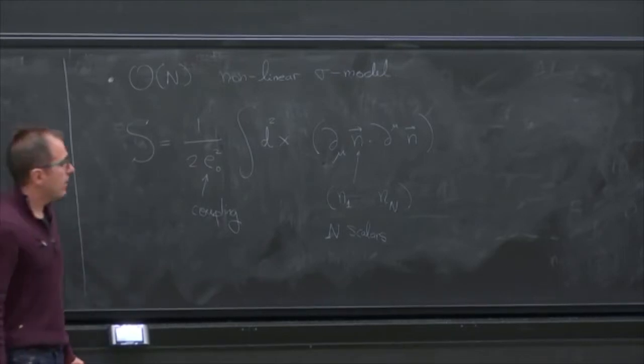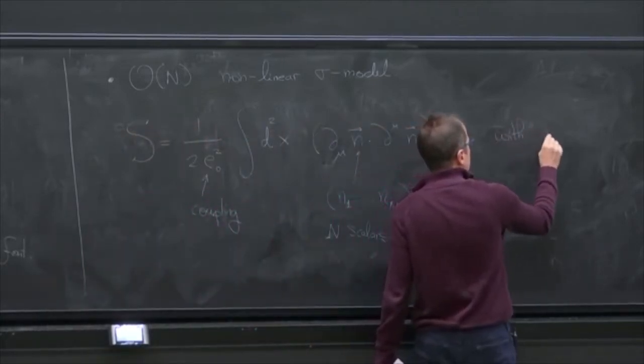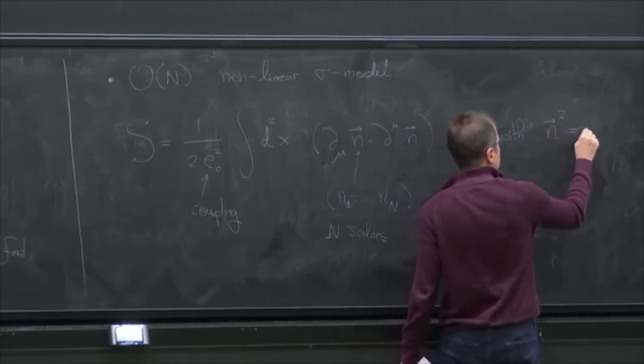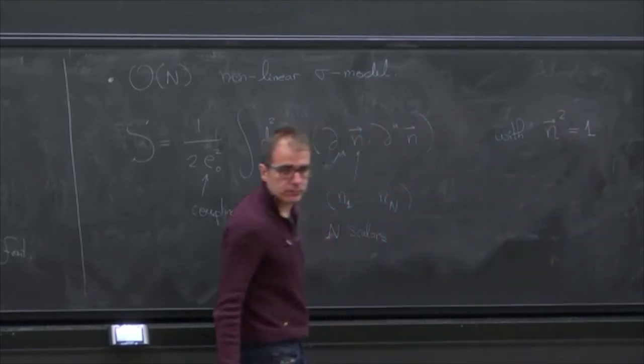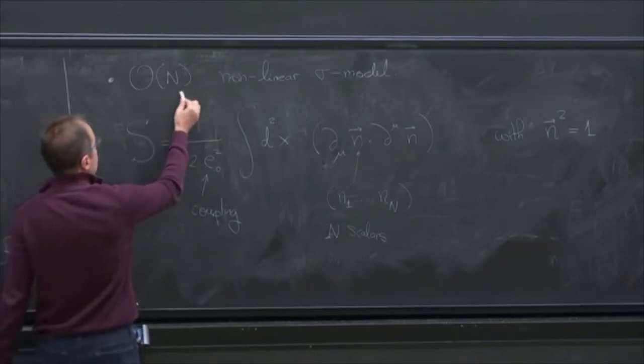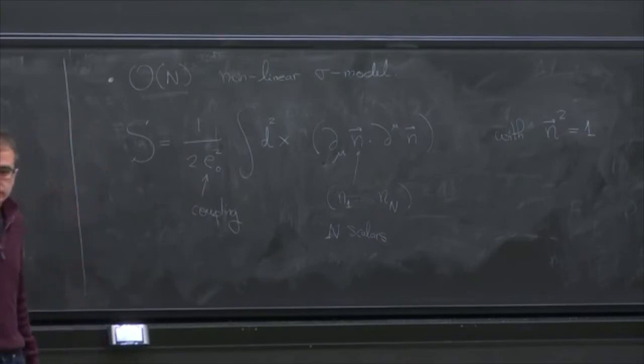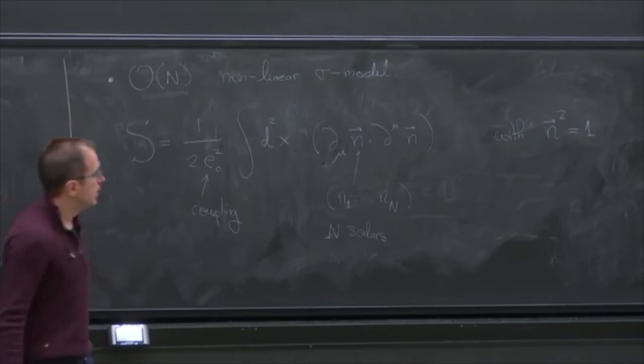But there is a condition, with the condition that this vector is unit. So that's what makes this theory very non-trivial. Without this condition, again, N free scalars. With this condition, now we have a point on a sphere. Now it tells you that n belongs to a sphere. Of course, the name is obvious: O(N) is just a symmetry that rotates this vector, and it's a symmetry of this action.